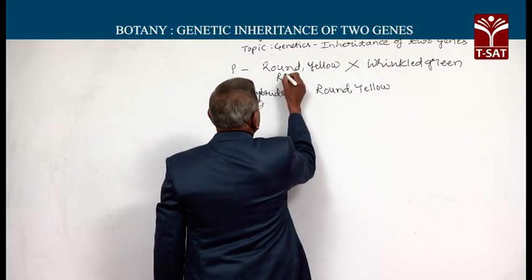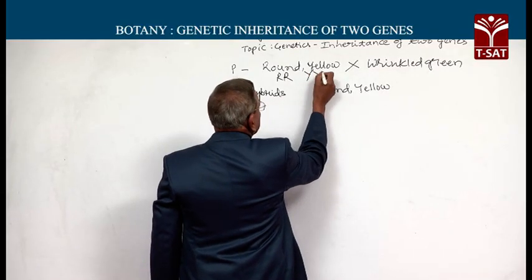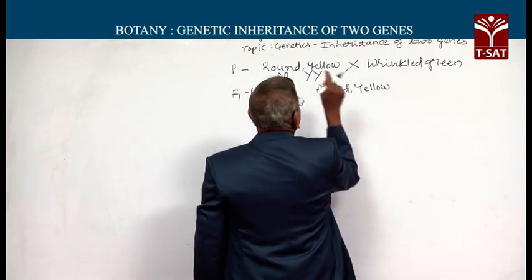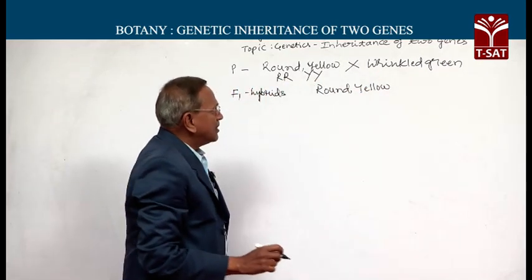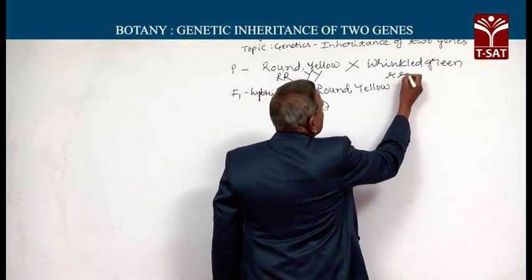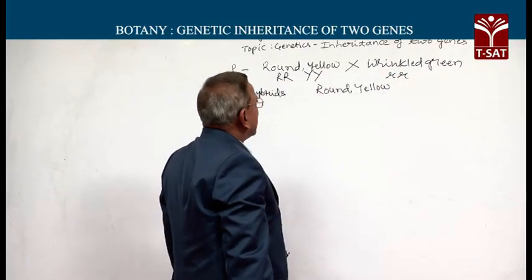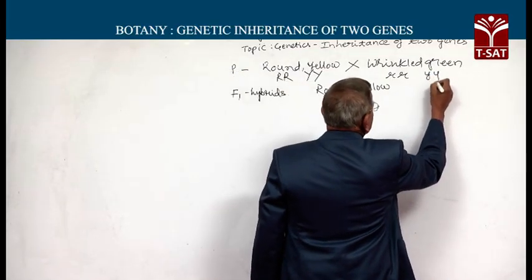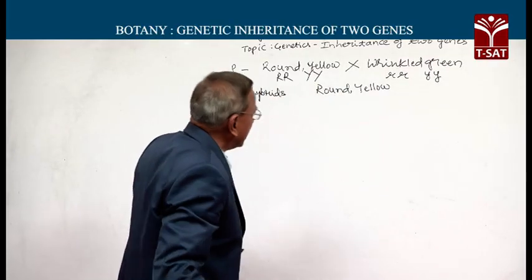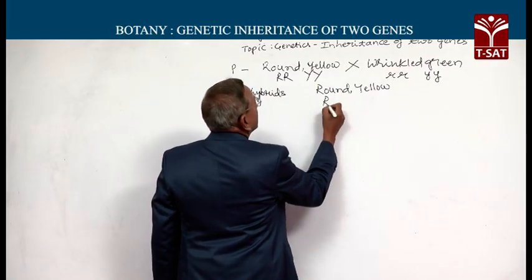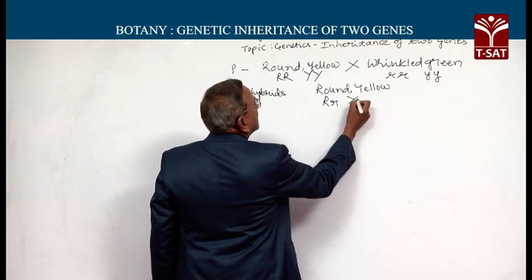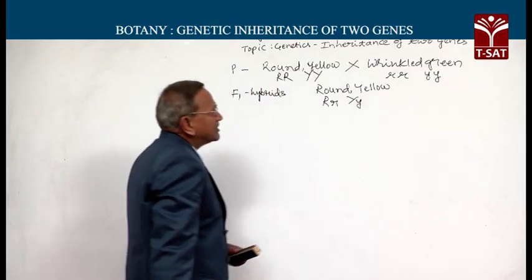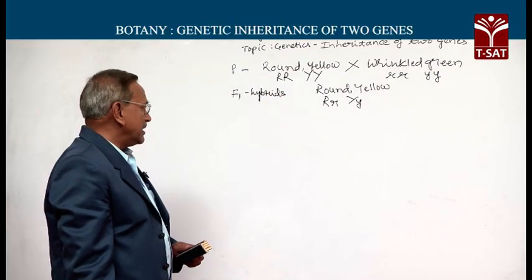So this must be capital R, this must be capital Y, and because wrinkled is recessive to round shape, this must be small r, and since the green color is recessive to yellow color, it must be a small y. The hybrid must be capital R, small r, capital Y, small y.